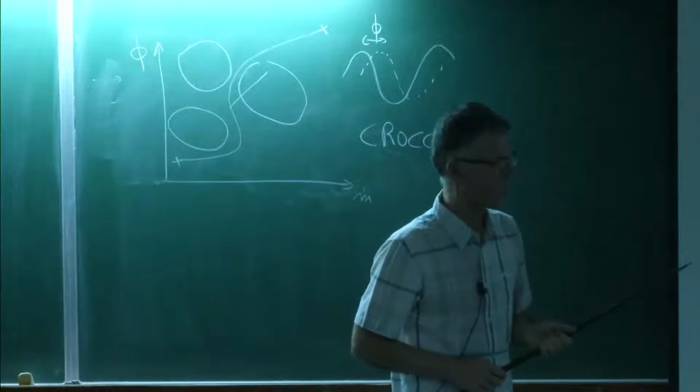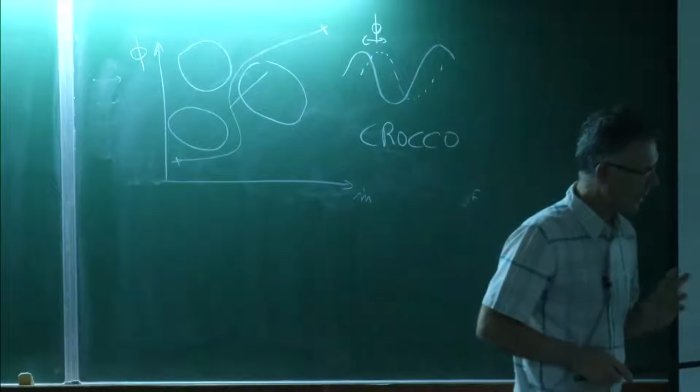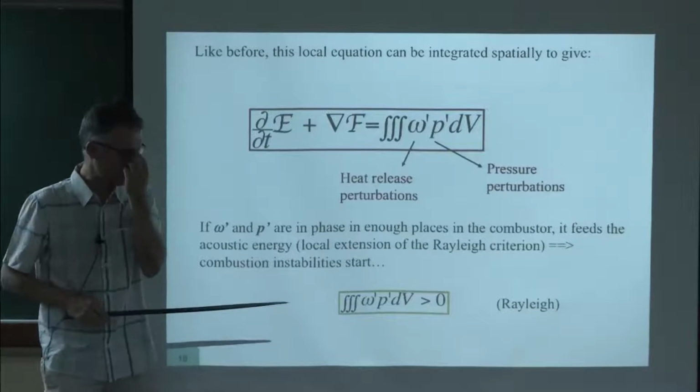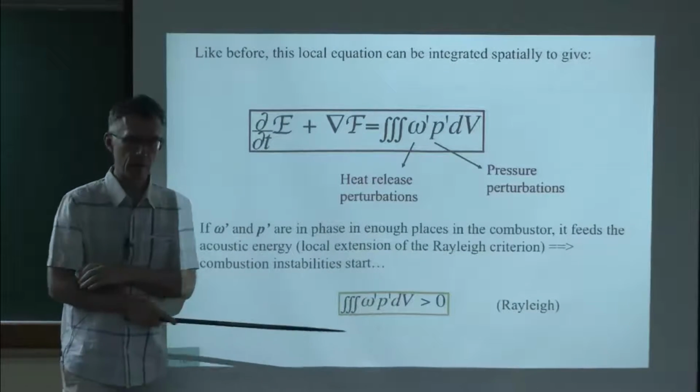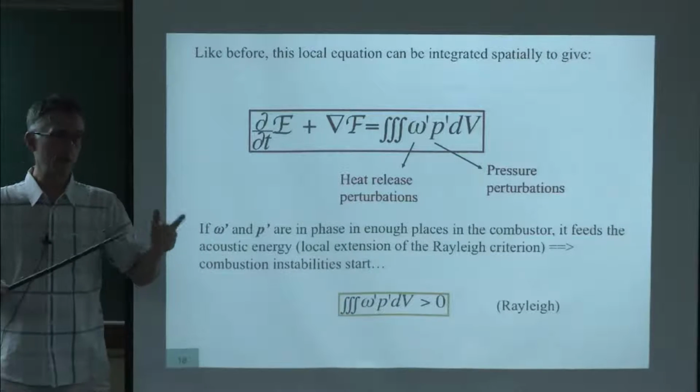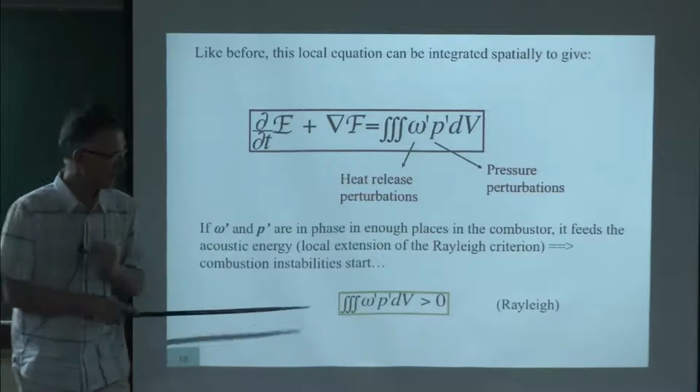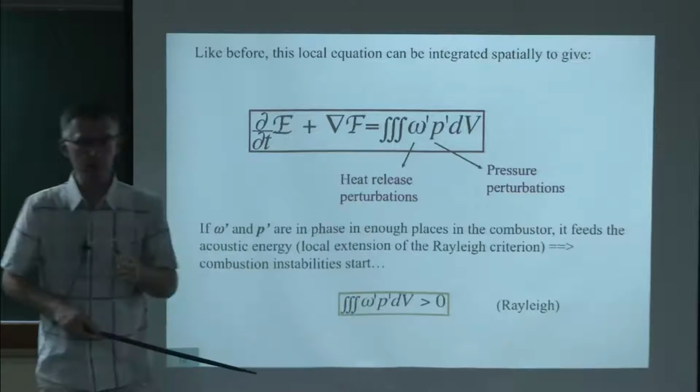And that's the famous Rayleigh criterion, saying that if you want instability to occur, you need the integral of omega prime p prime dV positive over the whole domain. Doesn't mean it has to be positive everywhere. It's only the integration over the whole domain.